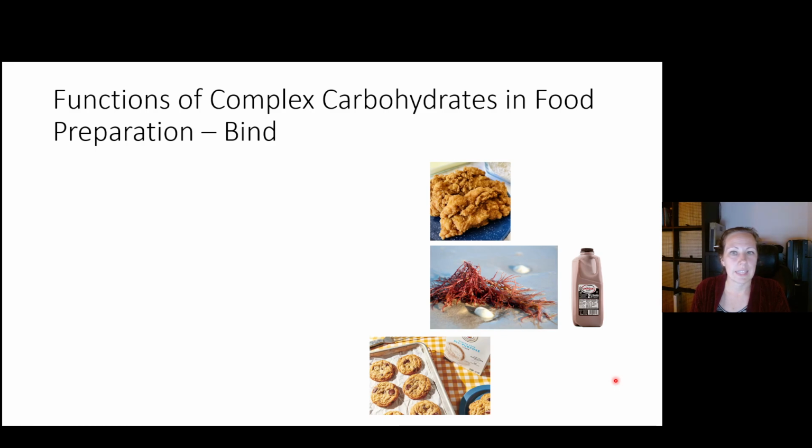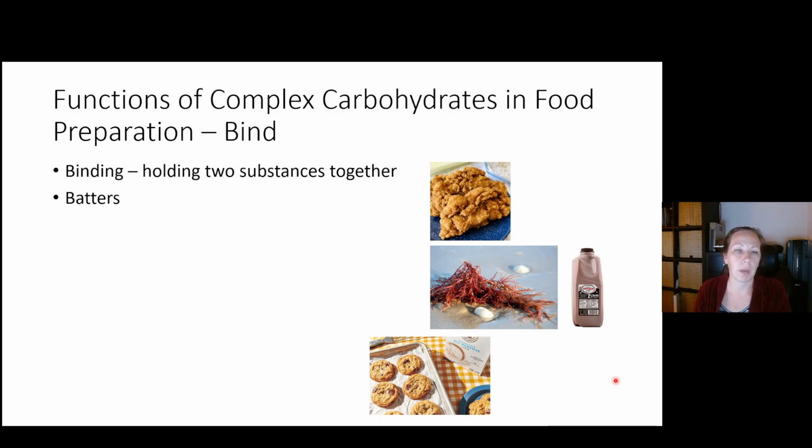Okay, so the second function is binding. So the first function is structure, the second function is binding, and binding is simply holding two substances together. So examples of complex carbohydrates in binding is batters, right? We have a piece of chicken and the batter is going to bind to the chicken and form this nice crunchy exterior layer after we cook it.